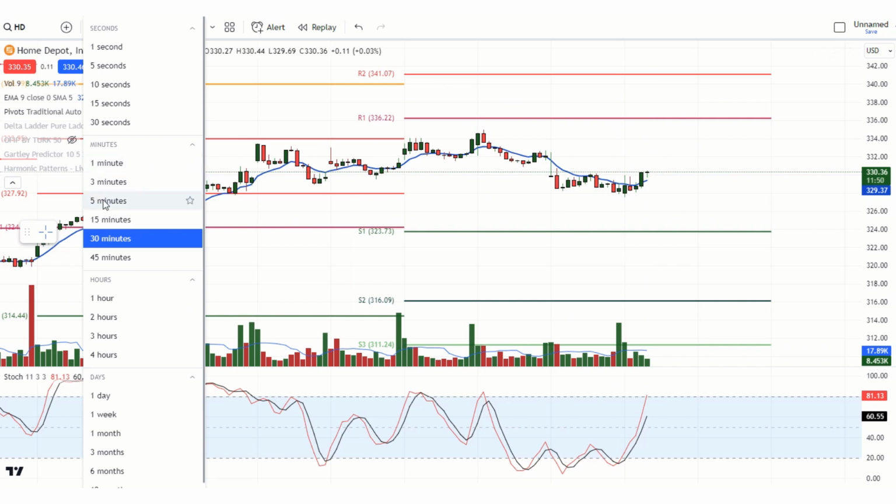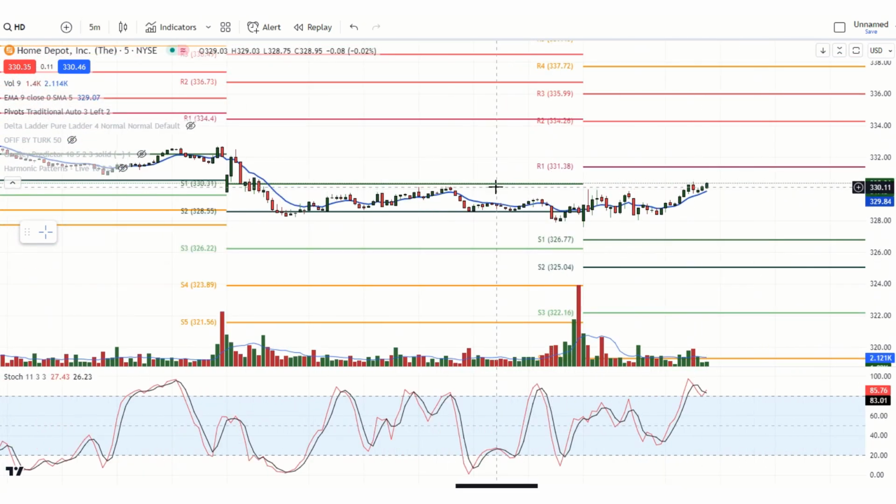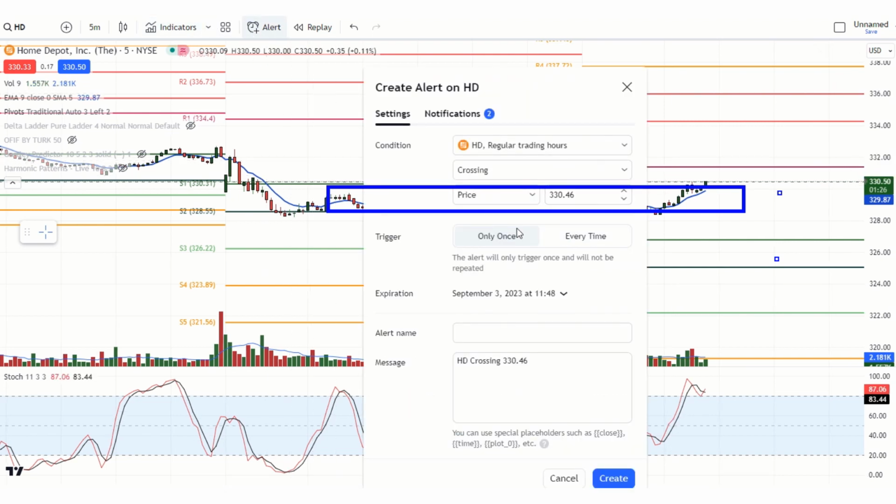So we could flip over if we're going to micromanage. We want a spot to get into. We want to know if it's going to clear this area with this sideways consolidation on a 5-minute chart, okay? So what are we going to do? We have to know if we're going to clear this area at 330.82. Let's just say 330.82.